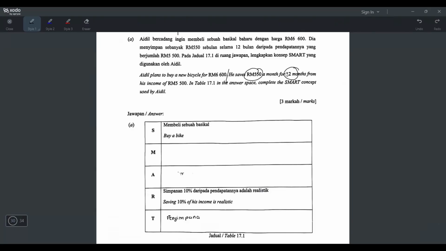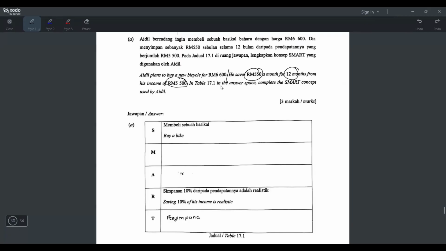The calculator gives me 6,600, which is the exact price of the bicycle. So this guy knows what he wants and he really planned it nicely. He saves from his income of 5,500, so he's saving 550, which is 10% of the income, right?